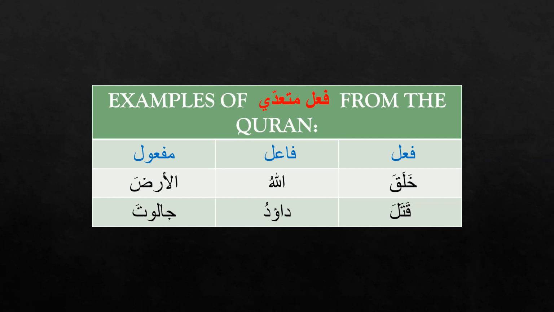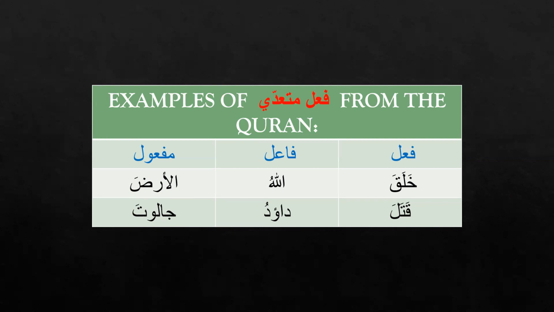Like you know that all the asma, to convert them into the nasab state, we have to put a fatha on the last letter, and in this way they will be mansoob. As they are ism, this is how they will be converted into a nasab state.